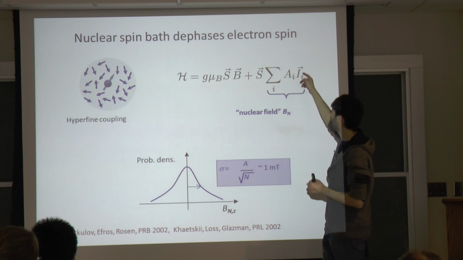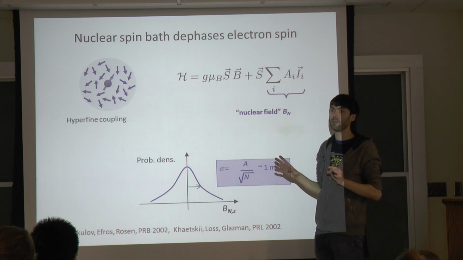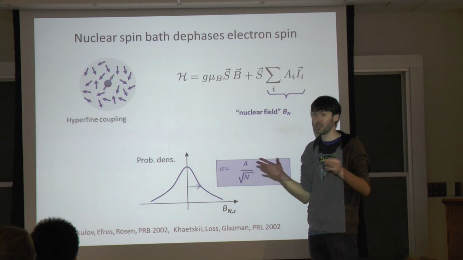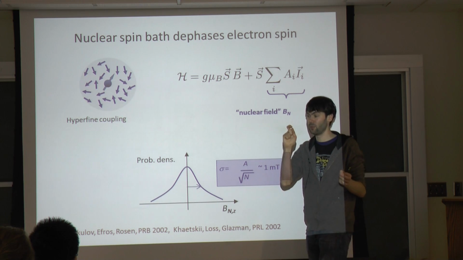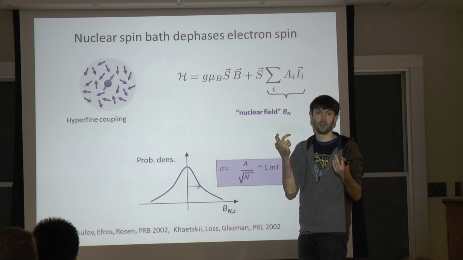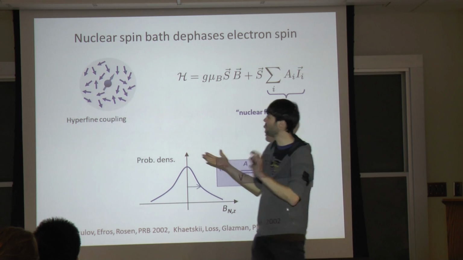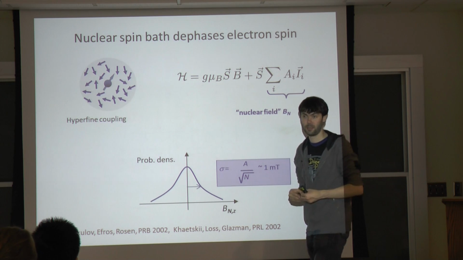But remember, these I's, they are random. Unless you do something special to them, they are not very sensitive to environment. The Zeeman splitting is very small, so it's very difficult to overcome temperature by applying magnetic field. So if they're left on their own, they are completely randomly oriented.